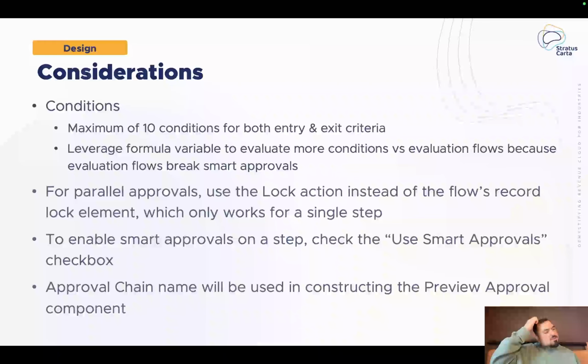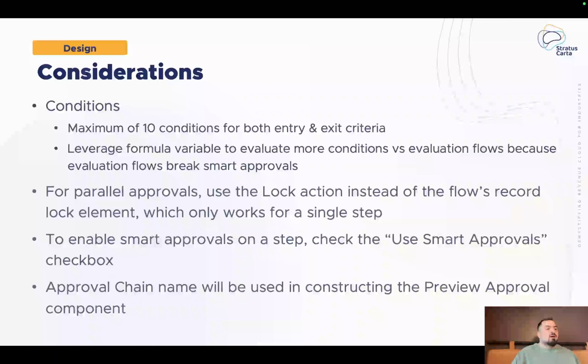Some considerations, and I'm not going to go through all of this slide, but just wanted to highlight the main ones, is that when designing for choosing which type of flows, preview approvals only work with auto launch flow, not record triggered flows.